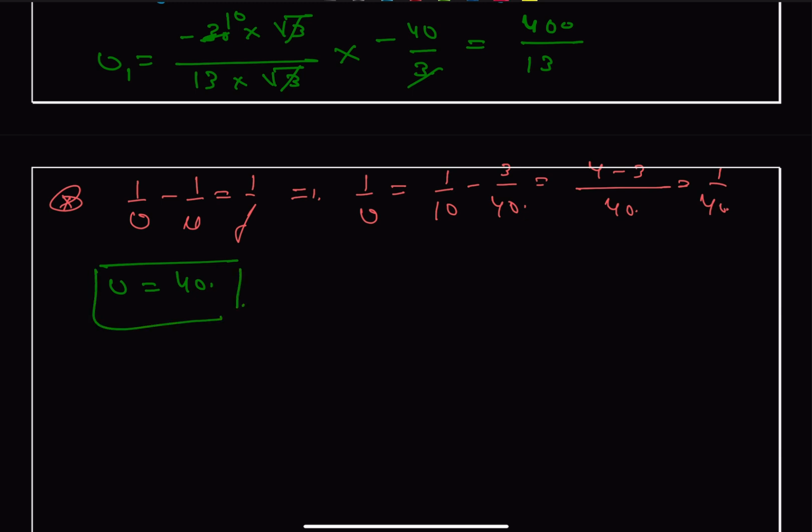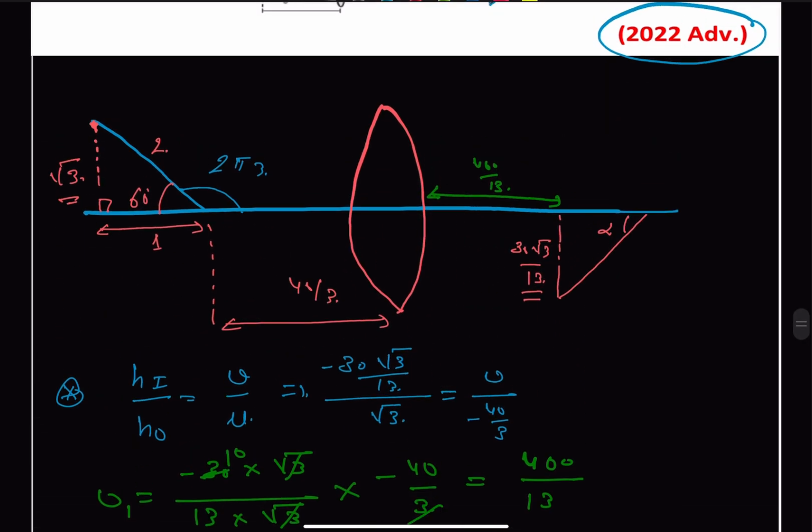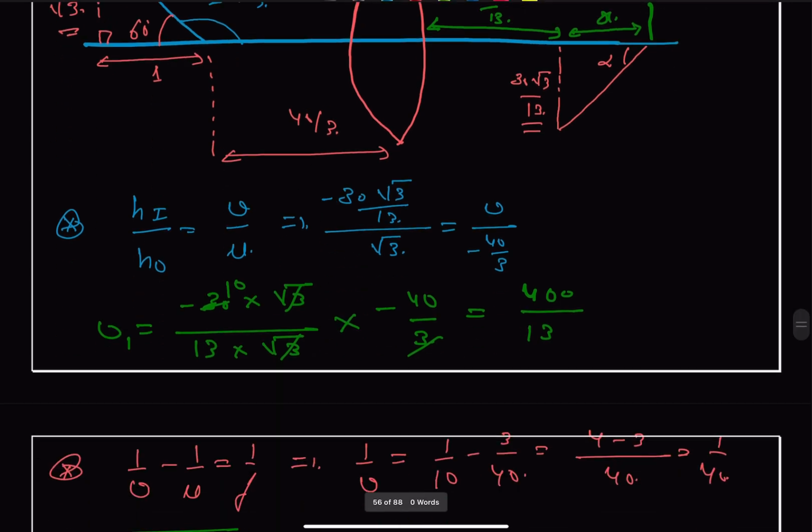So we found out V is equal to 40, so it means this distance will be equal to 40. And let us call this distance our x. So we can say our x will be equal to 40 minus 400 by 13.